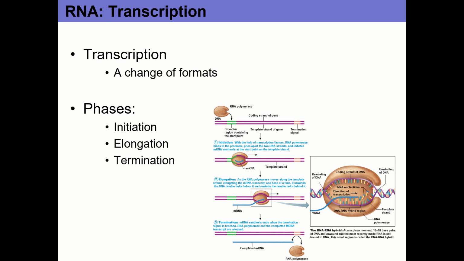Remember that on DNA, and I'm going to stick with the colors that the book uses just to make life a little bit easier, this little yellow one is thymine, okay? Thymine's complementary nucleotide is adenine.